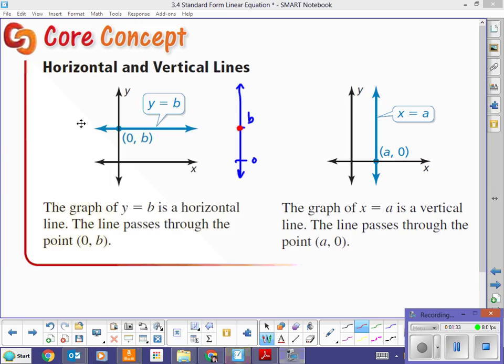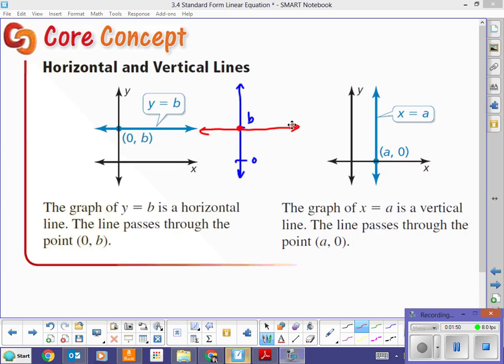But on a coordinate plane, since we're dealing with 2 dimensions, now we have to give this some length. So I think of this as a point being stretched out in both directions.